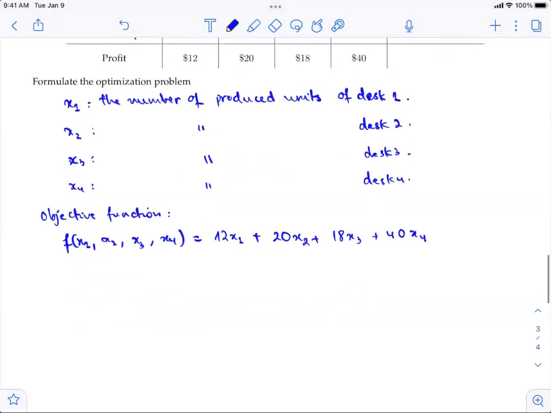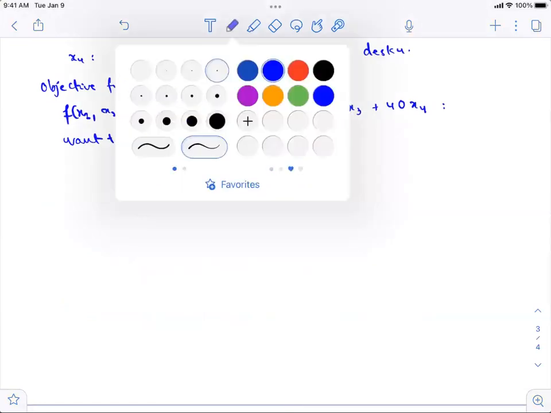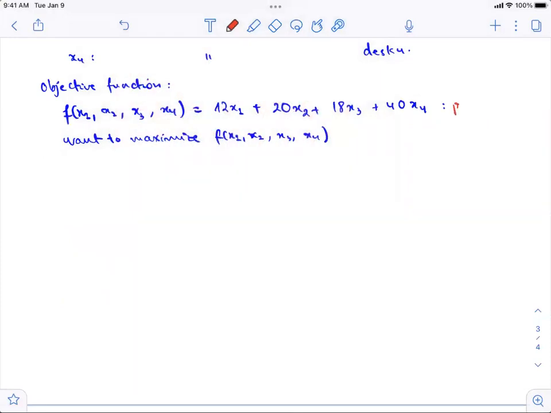So that is the objective function. We want to maximize the profit. So maximize f of x1, x2, x3, and x4. This is the profit function.